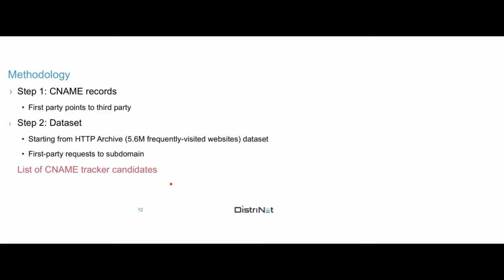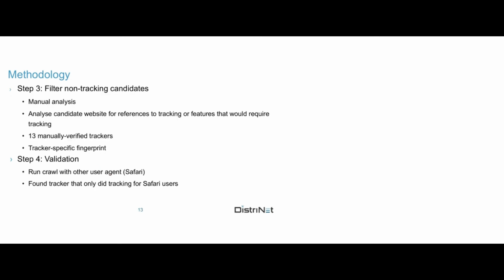Combining these two steps, we were able to create a list of CNAME-based tracking candidates, but not all services that use CNAME records use them with a tracking purpose, so we need to filter out just the services that are using this technique to track users.